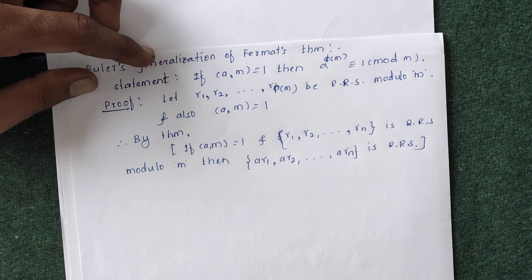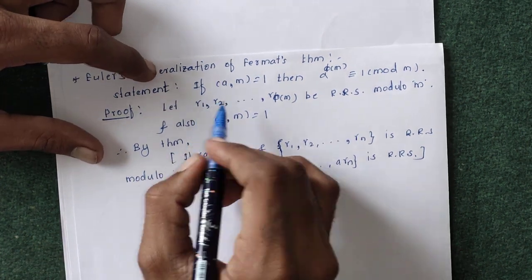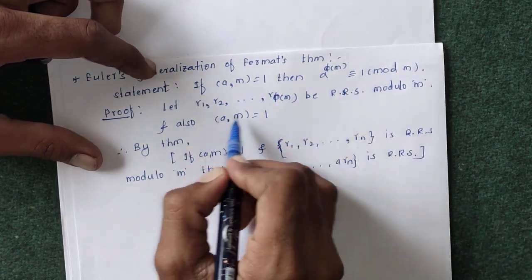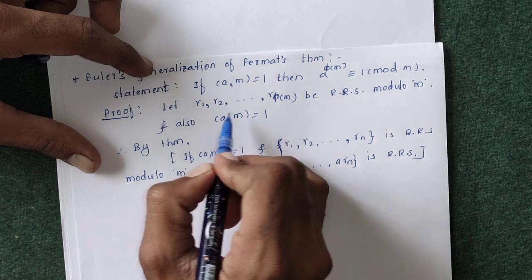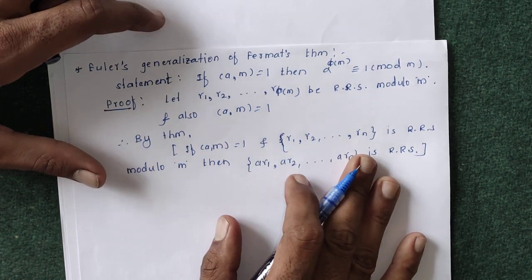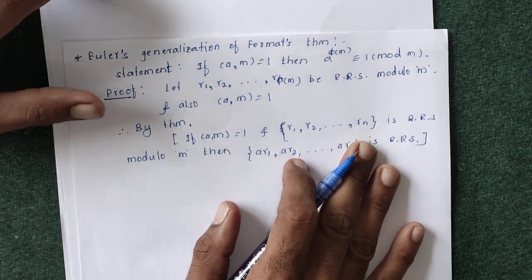Using this result, we can say that here R1, R2 up to R phi of m is a reduced residue system and GCD of a and m is equal to 1. So we can say that aR1, aR2 up to aR phi of m is also a reduced residue system.